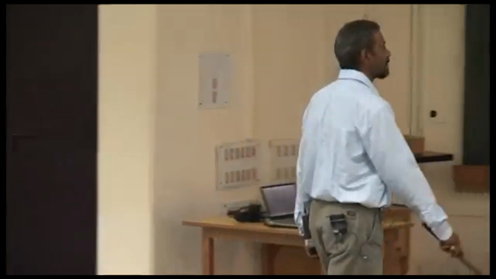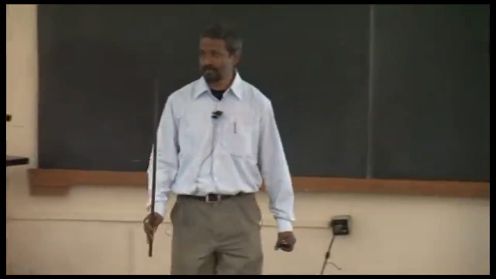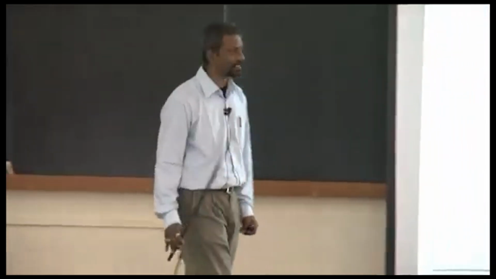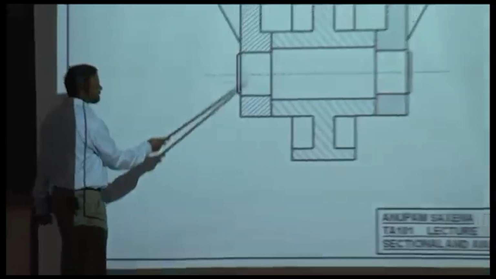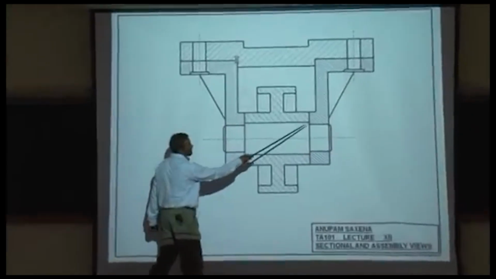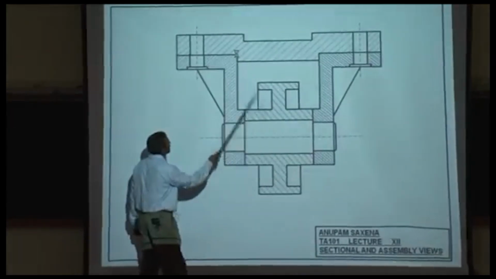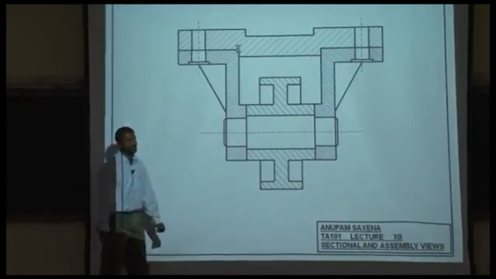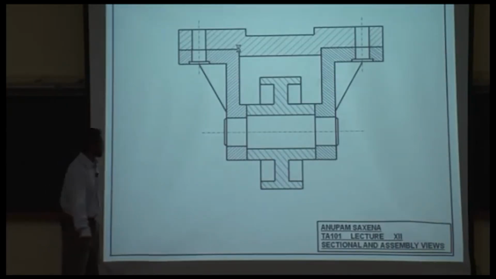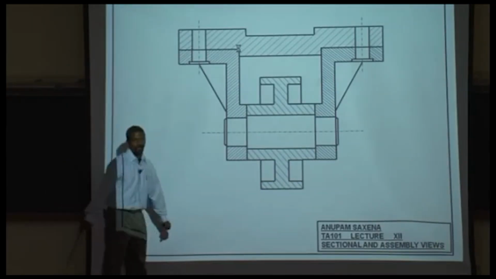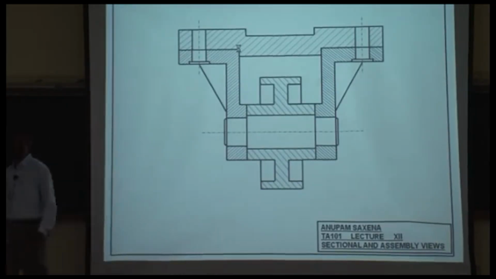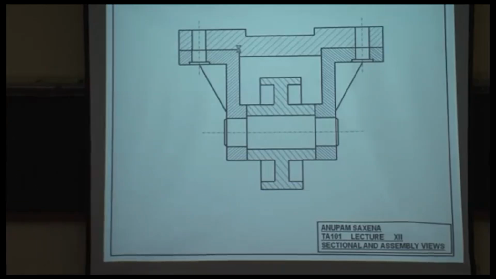Why larger spacing? These are 4 different components. They have to be shown using different hashed lines. 45 degrees less spacing, minus 45 degrees less spacing, positive 45 degrees more spacing, minus 45 degrees more spacing. So people tend to use 30-degree hash lines, 60-degree hash lines at times.